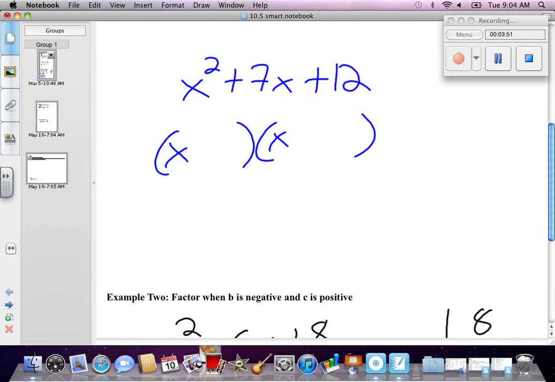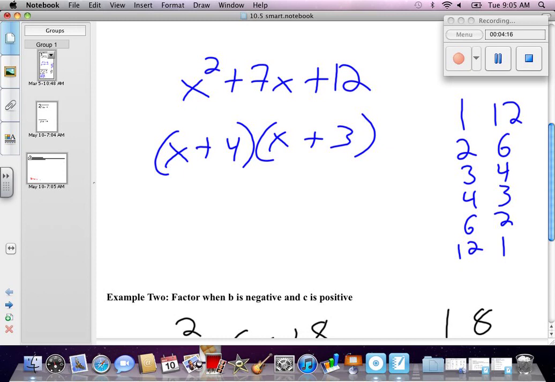Then off to the side, you should have this list. 1 times 12 gives you 12. 2 times 6 gives you 12. 3 times 4 gives you 12. 4 times 3. 6 times 2. And 12 times 1. Which ones of those, when you add them together, give you 7? 4 and 3.